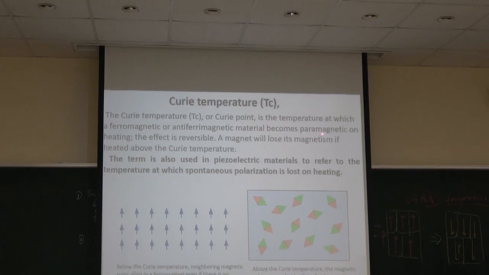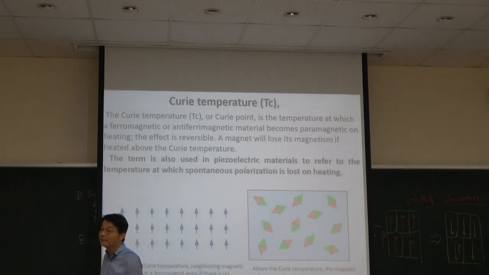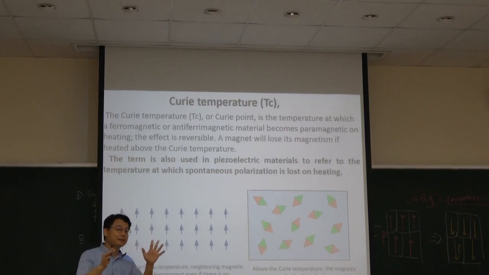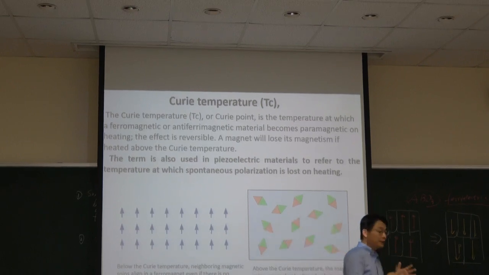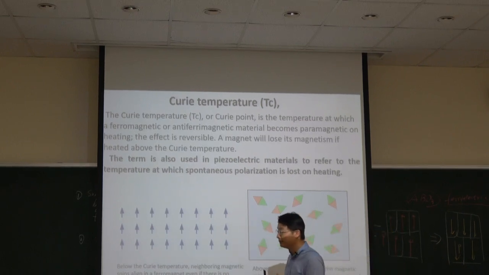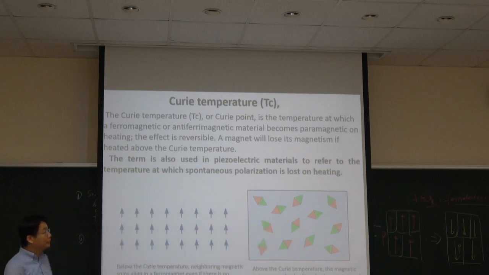On heating, the effect is reversed, and the magnet will lose its magnetism. Now we didn't talk about magnetic materials, but all the mechanisms are similar. That's why, if you read a textbook on magnetic materials, they have a similar Curie temperature.